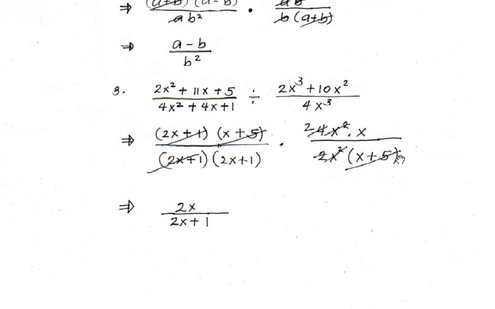Then x plus 5 has a factor also above here, x plus 5. Then we have 4 divided by 2 becomes 2, and the x squared will cancel out, giving us the final answer as 2x all over 2x plus 1. This concludes our exercises.